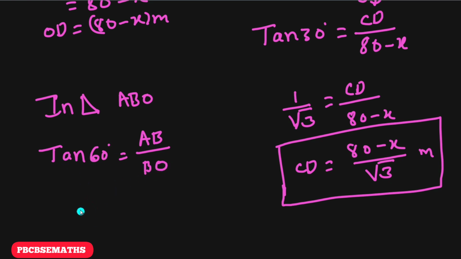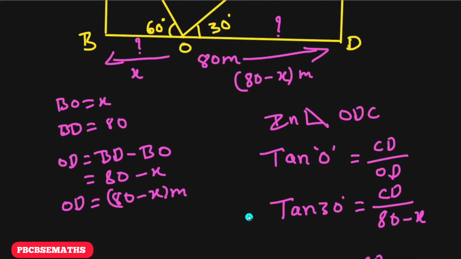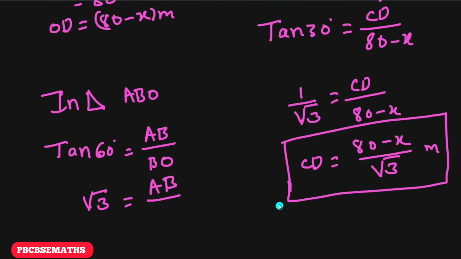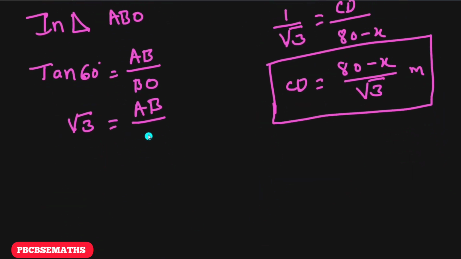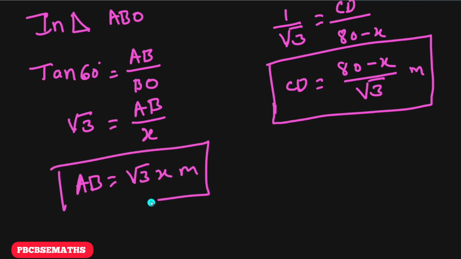The value of tan 60 degree is root 3, which is equal to, we don't know the value of AB, keep it as it is, divided by BO, which we consider as x meters. Then by doing cross multiplication, we can write that AB is equal to root 3 x meters. So this is the value of AB in terms of x.